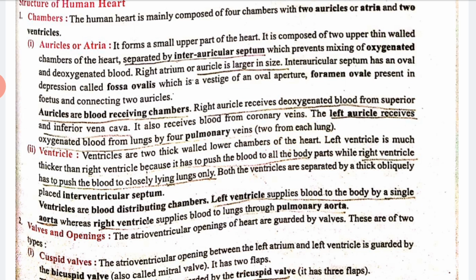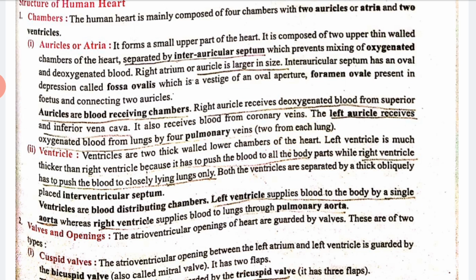Now let's talk about the openings, the valves and the openings. Okay, so first we have the cuspid valves. So the atrioventricular opening between the left atrium and left ventricle is guarded by the bicuspid valve, that is also known as the mitral valve.